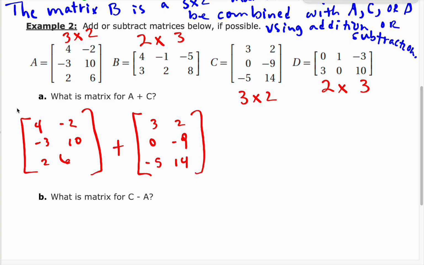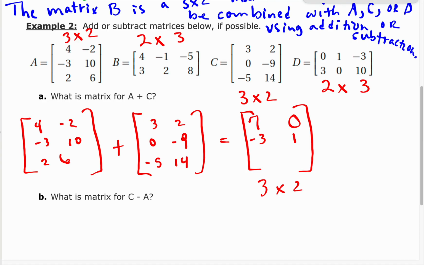All right, so we're taking a 3 by 2 and adding it to a 3 by 2. So yes, we can do that, because our result is going to be a 3 by 2. And here we go. So what are we adding together? We're going to add the 4 plus 3. That's 7. -2 plus 2 is 0. -3 plus 0 is -3. 10 plus -9 is 1.